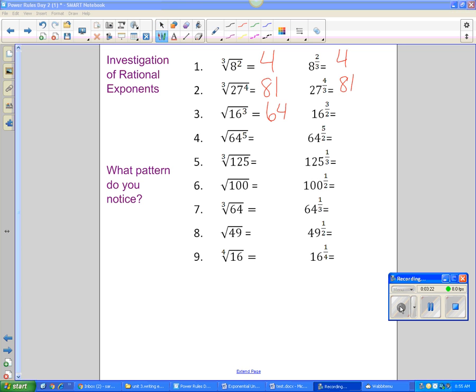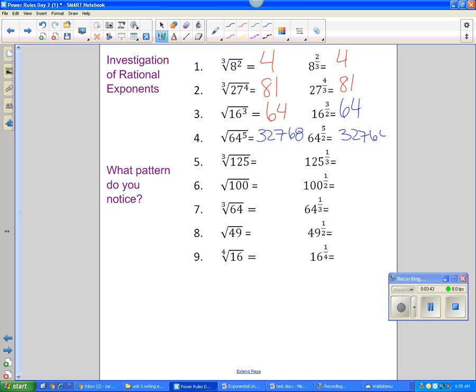All right, guys, I need to show you how to do number 9. So I'm going to write the other ones up here. For number 4, square root of 64 to the 5th, Brandon, what did you get right here for number 4? All right, and that's the same thing you get when you do that one. Okay, Jack, what did you get for number 5? 5, and that's the same thing you get for that one.